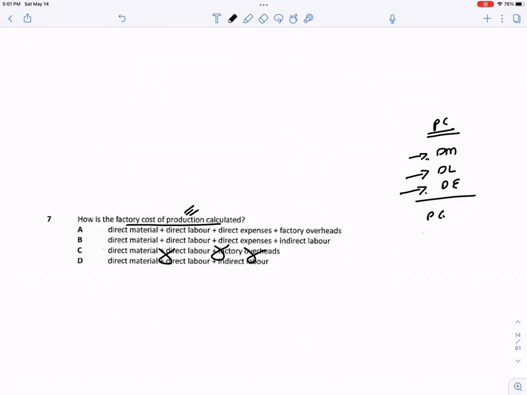After that, you add all the indirect. Add factory overheads, you will get manufacturing cost. Add opening work in progress minus closing work in progress, you will get the cost of production.